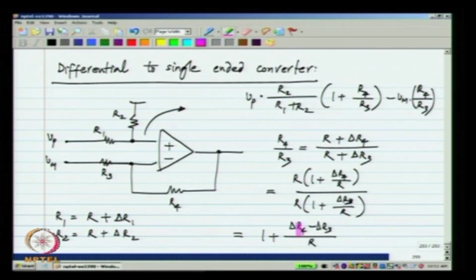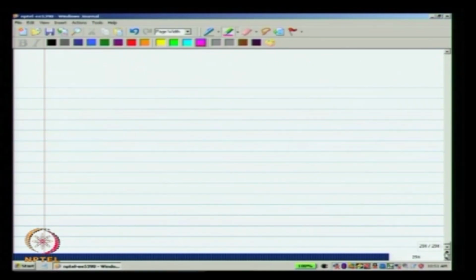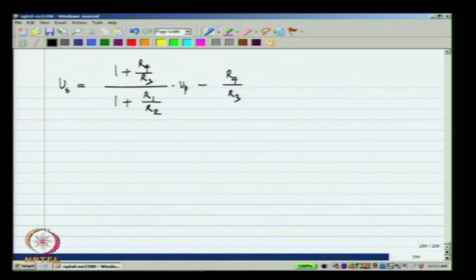And this delta R4 minus delta R3 is nothing but the mismatch between these two resistors, and divided by R you get the normalized mismatch between the two resistors. And as is obvious, this expression depends only on the relative mismatch between pairs of resistors. So, V out, which is 1 plus R4 by R3 divided by 1 plus R1 by R2 times Vp minus R4 by R3 times Vm.